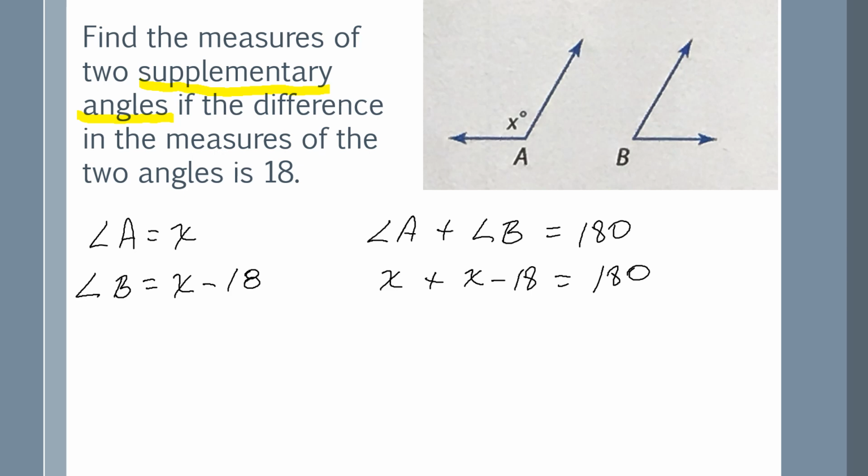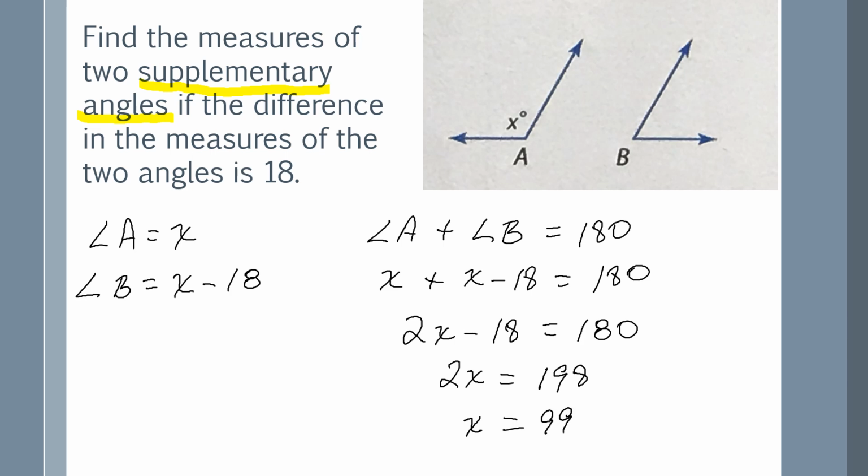X plus X is 2X, minus 18, is equal to 180. We add 18 to each side and end up with 2X equal to 198. If I divide each side by 2, I know that X is equal to 99.